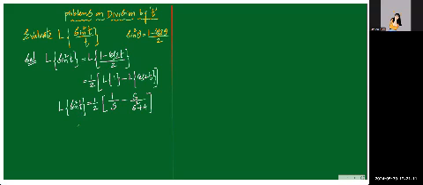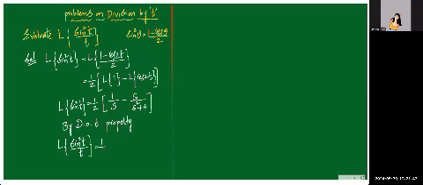Then after that, when applying division by t property, we have to mention by division by t property, when dividing sin square t with t, it means for this our answer, whatever it is, we have to integrate with respect to s from the limit s to infinity.